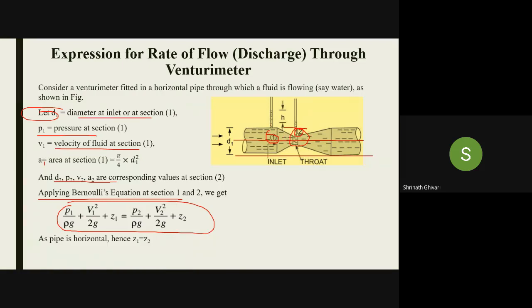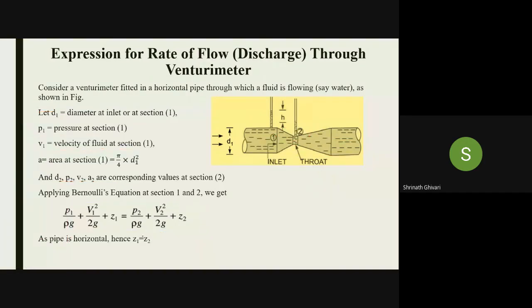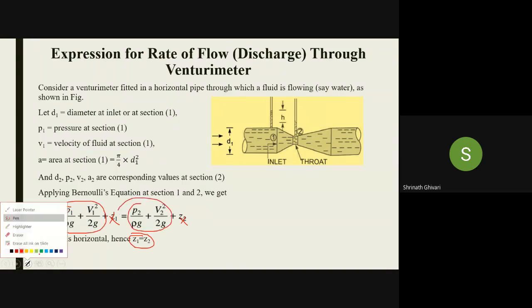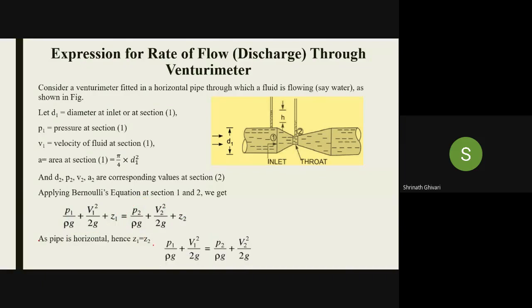If it were vertical, then Z1 and Z2 would have changed. As the pipe is horizontal, Z1 is equal to Z2, so they cancel. The equation changes to P1 by rho g plus V1 square by 2g equal to P2 by rho g plus V2 square by 2g.